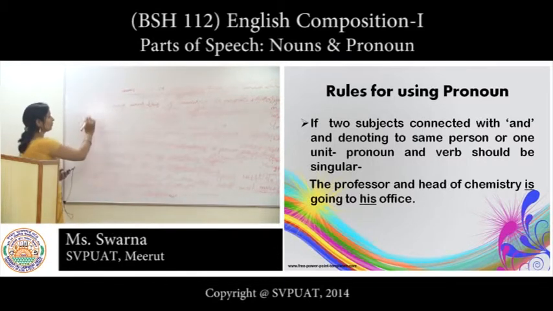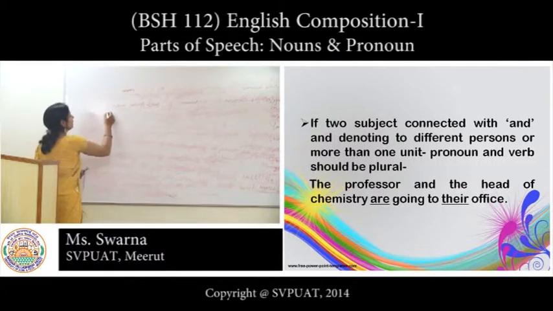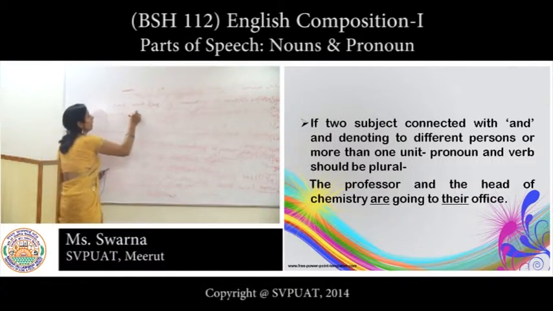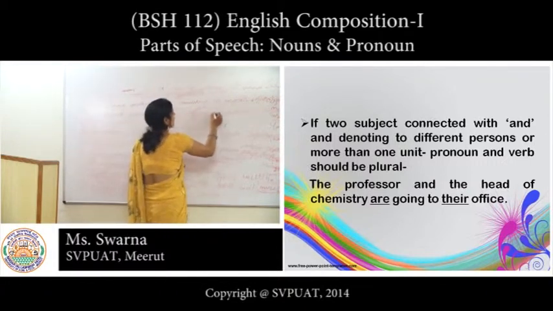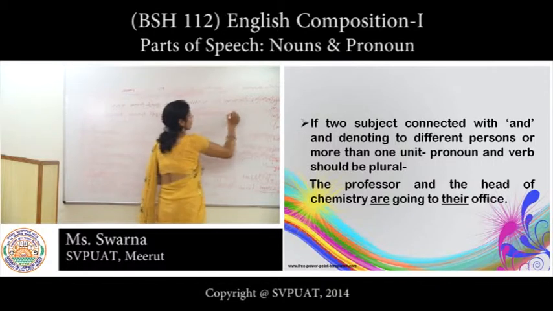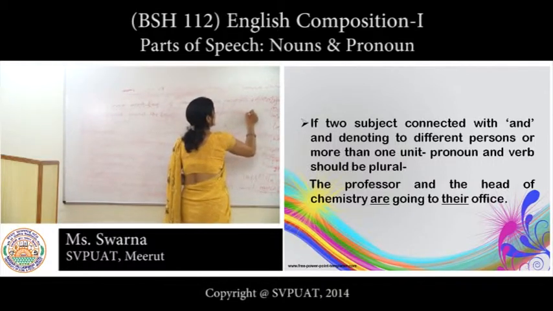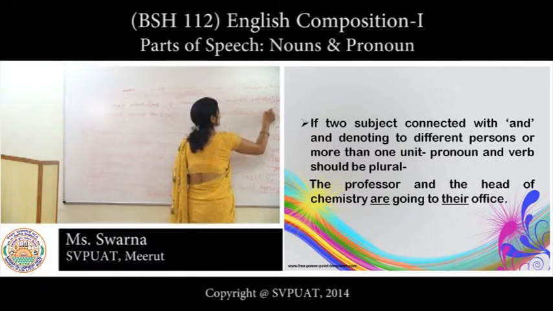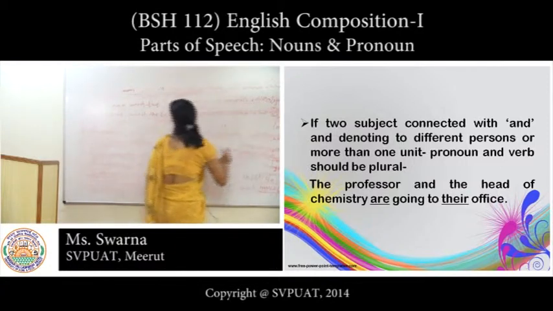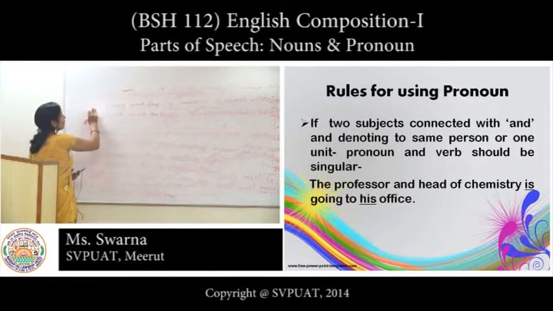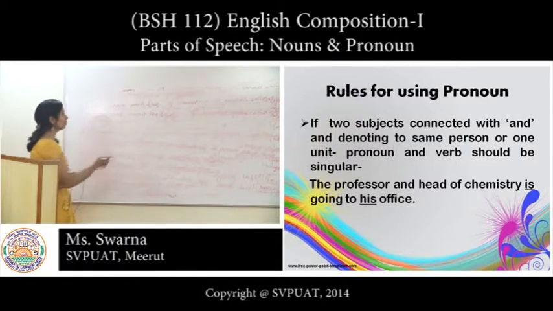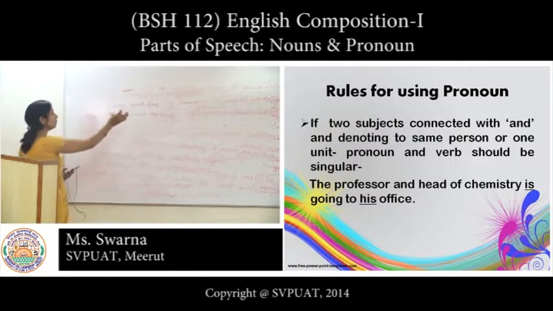So, if we write the head and the professor of chemistry, then we will use are going to their office. Because in the first sentence we have used only the before head, not before professor, so it denotes the same person or one person.